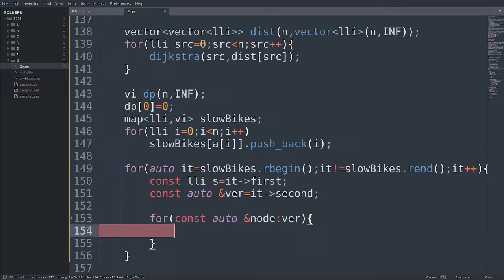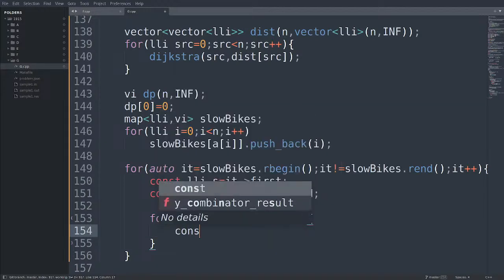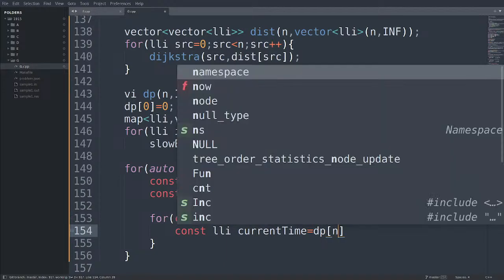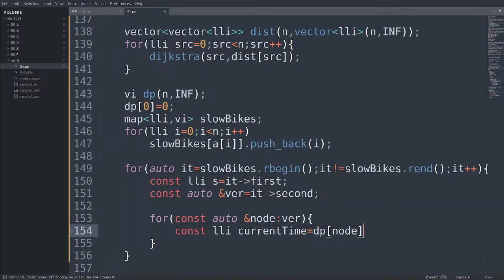Like we are at this node, and the current time taken to reach this node would be DP of node. And now from here we want to go to some other bike.